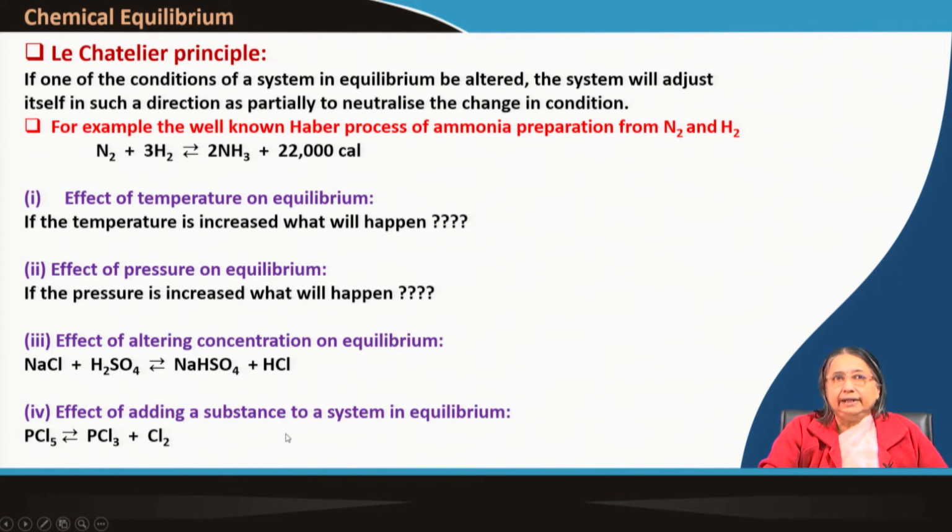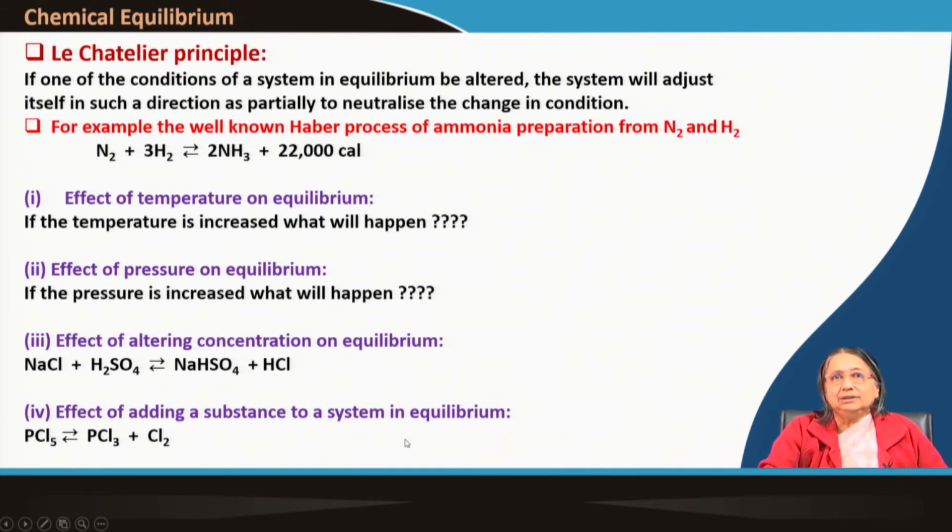Adding a substance which is involved in the chemical reaction, but from outside you can also introduce some inert gas. It will also have some type of effect, just like this one.